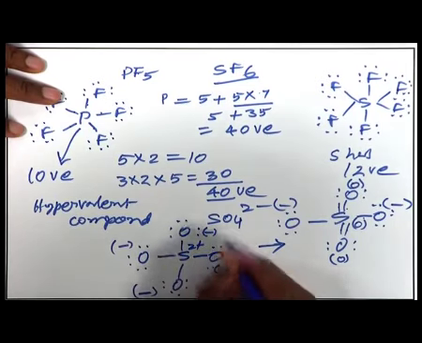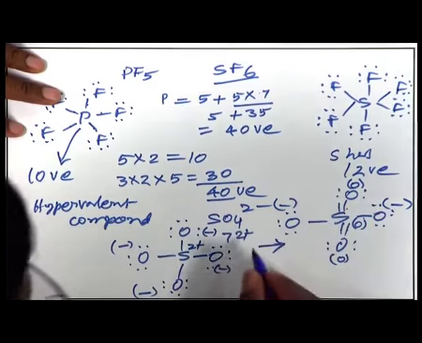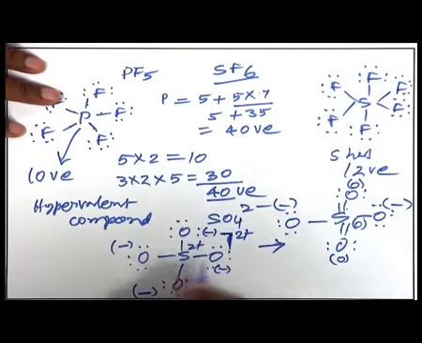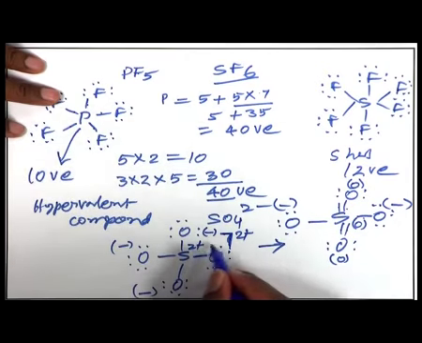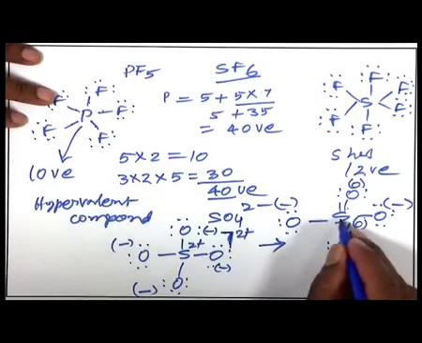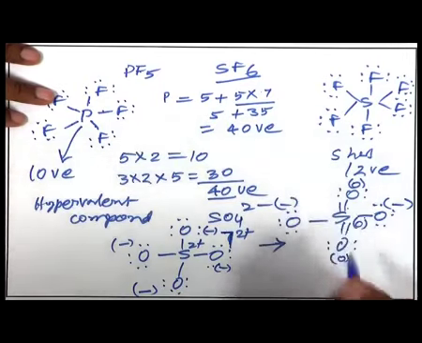So the overall charge is 2 plus on the sulfur atom. It obeys the octet rule, because there are 8 electrons around this sulfur atom, but it carries a 2 plus charge, a higher charge. To avoid that we write this type of structure. It does not mean that sulfur does not obey the octet rule. Thank you.